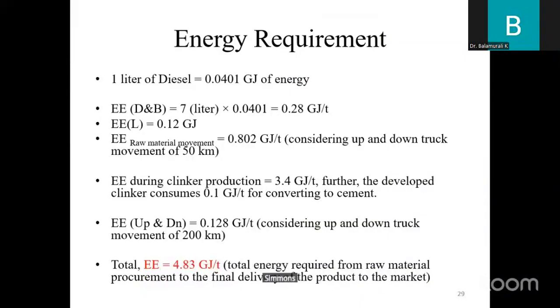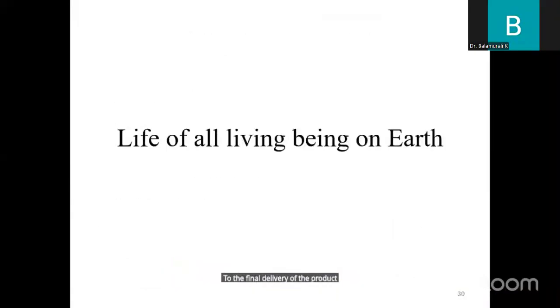And then again EE for up and down cycle for the transportation, 0.128 gigajoules per ton. So total embodied energy was seen to be 4.83 gigajoules per ton from the raw material excavation, that is extraction, to the final delivery of the product to the market.